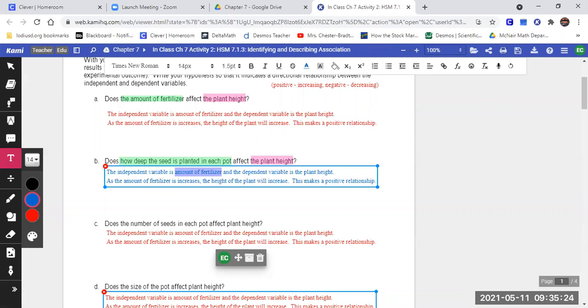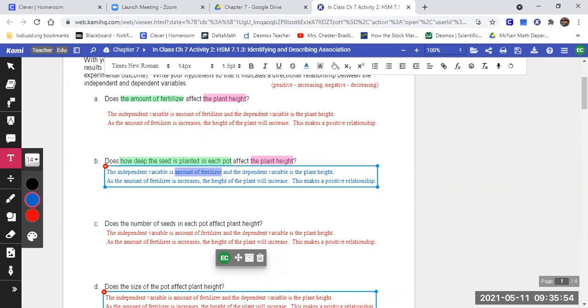Which one of those two, the green statement or the pink statement, as humans, do we have control over? Okay, so actually tell me which one of those two statements I would be typing out as the independent, the one I have control over?